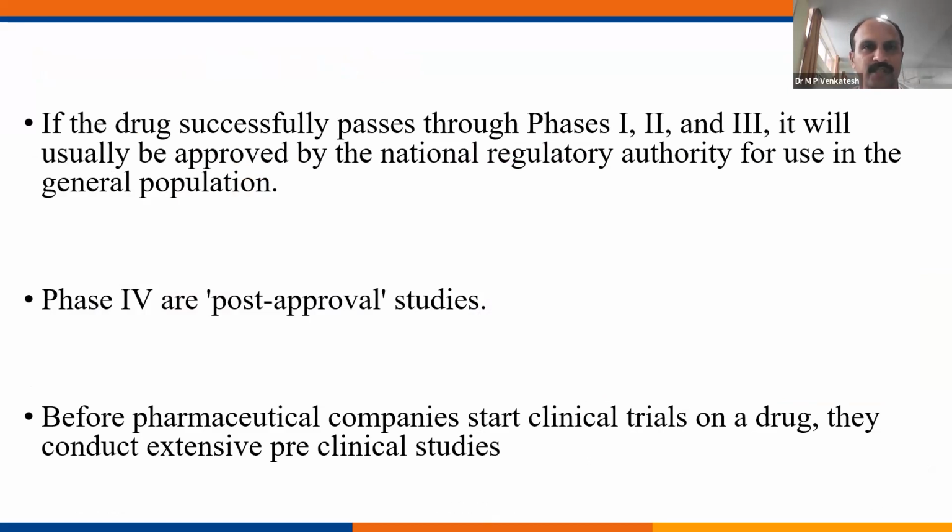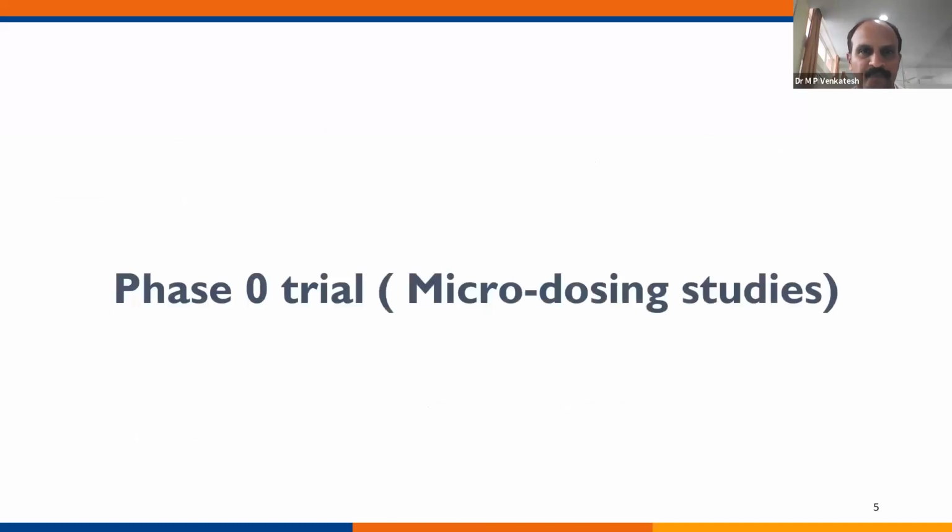The phase 4 studies are called post-approval studies or post-marketing surveillance studies. It is a requirement that all the pharmaceutical companies have to start the clinical trials on the drug product which they have developed. They have to conduct extensive preclinical studies before the actual clinical studies take place.